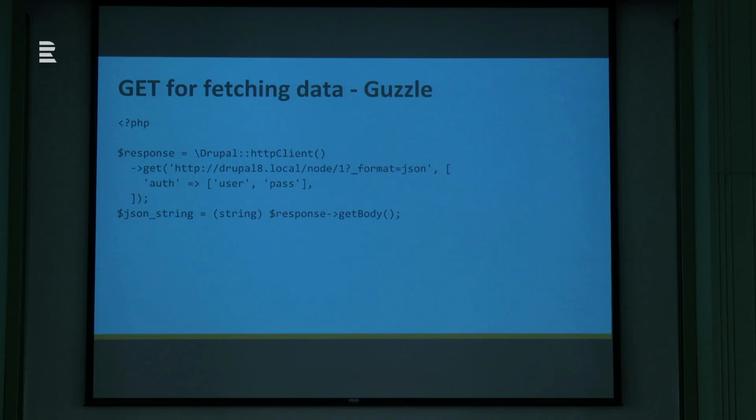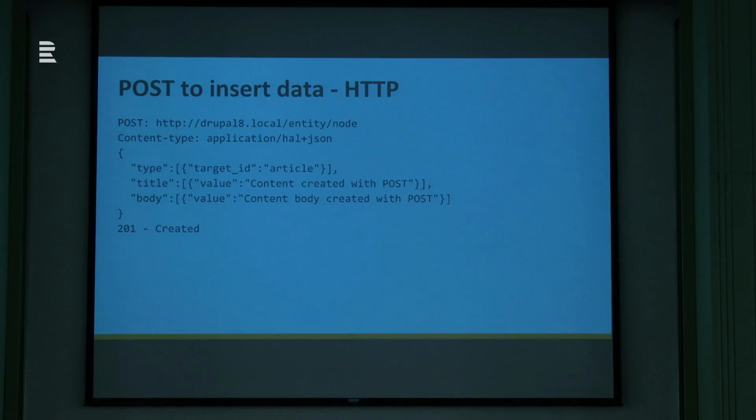For Guzzle, it looks something like this. Okay, so maybe you don't want to have authentication on gets. You can maybe pass it anywhere, but this is your choice. So you're getting a JSON string back, and that's the most common usage for getting resource.